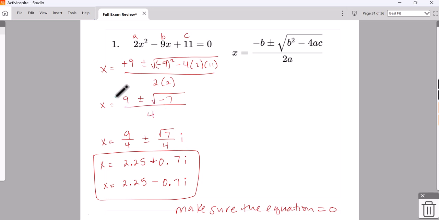And then I have a real part, that's the 9 and the 4, and then I have an imaginary part, that's the square root of 7 and 4. So I end up with a real plus imaginary and a real minus imaginary to get my complex solutions for my quadratic function.